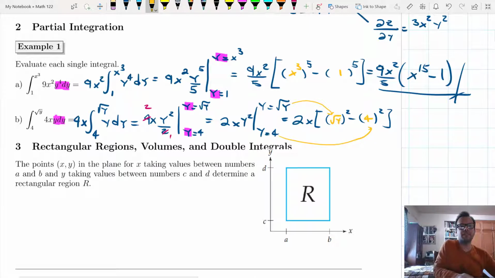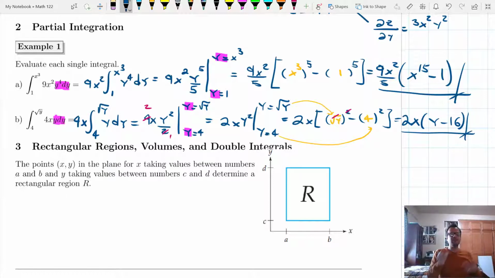Let's simplify this. Notice that on the first term, the radical sign cancels out the square, and we get 2x times y minus 4 squared, which is 2x times y minus 16. And that's the final answer.